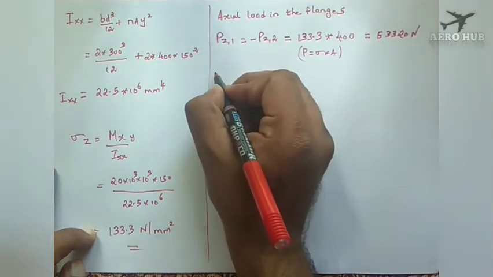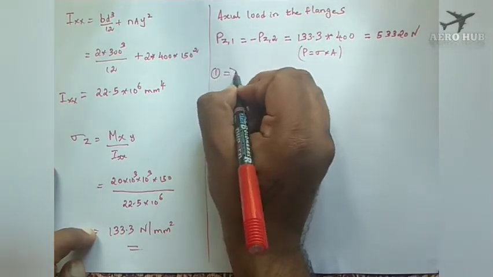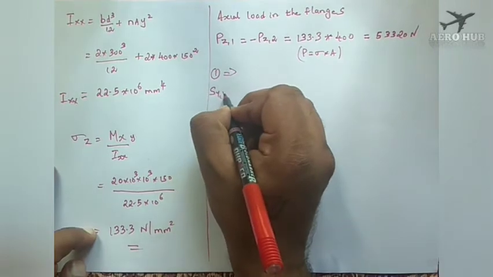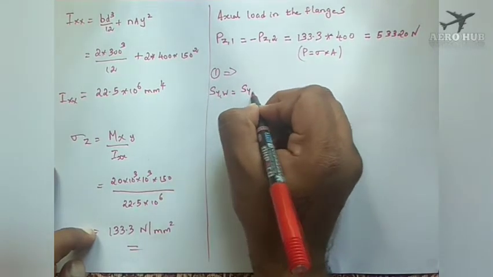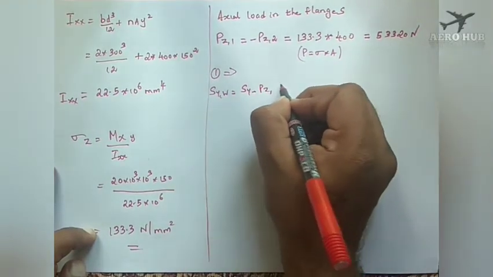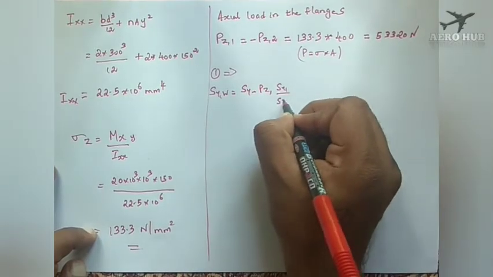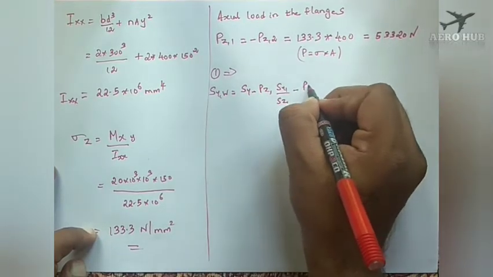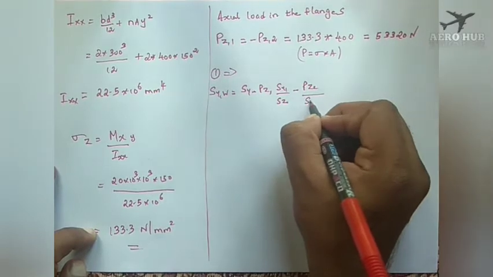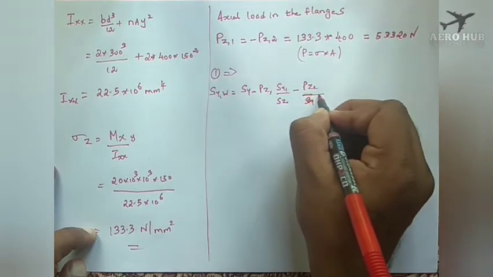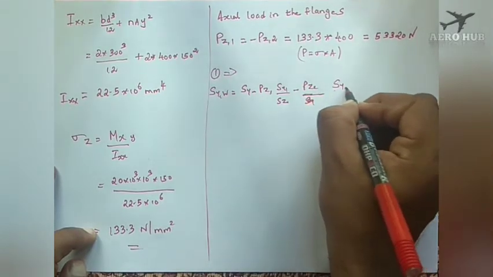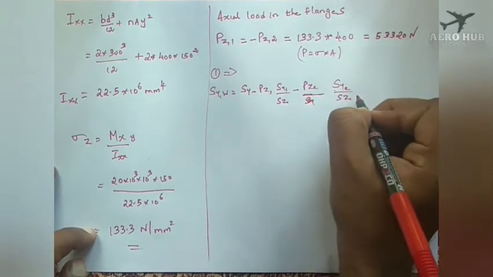Okay, now from equation 1, Sy of web is equal to Sy minus Pz1 delta y1 by delta z minus Pz2 delta y2 by delta z.